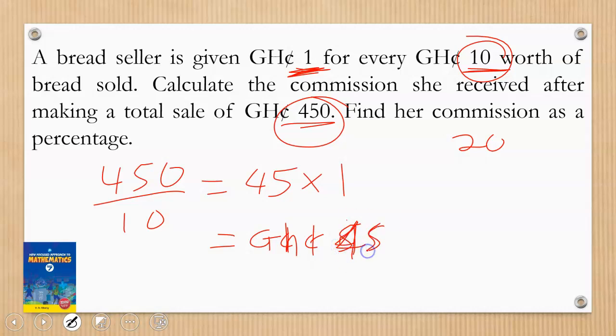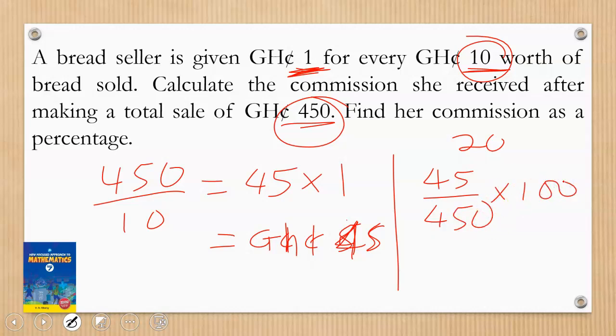That means her commission received will be 45 Ghana cedis, right? Now, if you want to know the commission rate in percentage, then this 45 cedis divided by the total amount sold times 100 will give us the percentage. We can do a simple calculation here: 45 divides itself, and 450 divided by 45 gives 10. So we have 10%. That means this person was given a commission rate of 10% for working in this bread selling business.